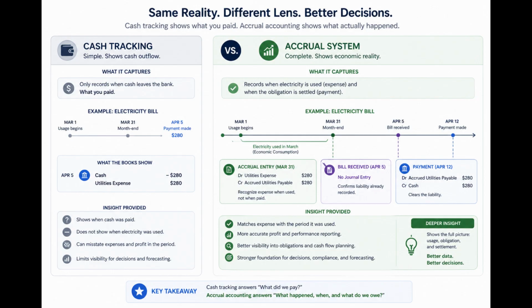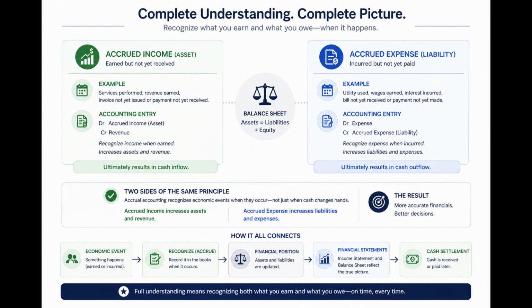So here's the big takeaway. Most people track payments and they ignore timing. But now you're doing something different. You're separating the economic consumption from that cash payment. And that's what gives you a true financial picture. In closing, now you understand both sides.